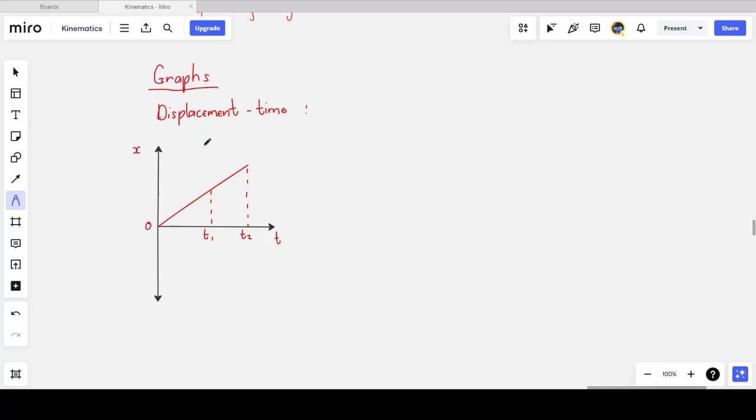It will be a distance x2 from its starting point. And remember that there's constant horizontal velocity. Hence, the gradient of this graph must be a constant number.